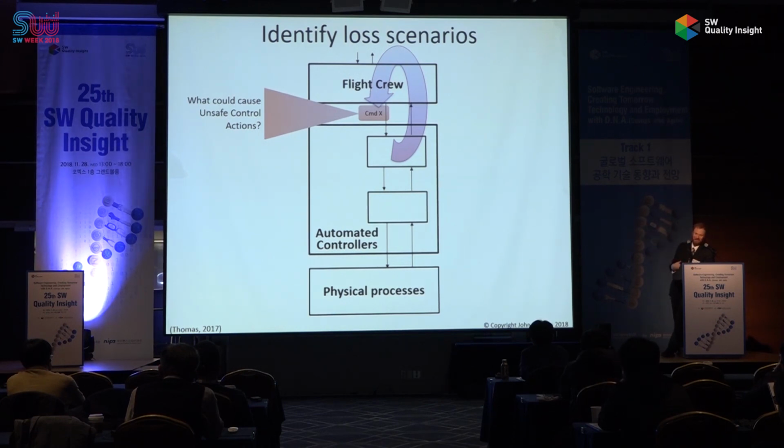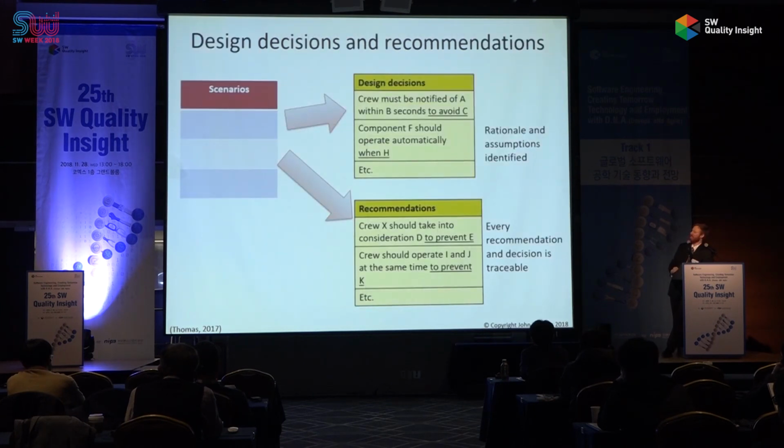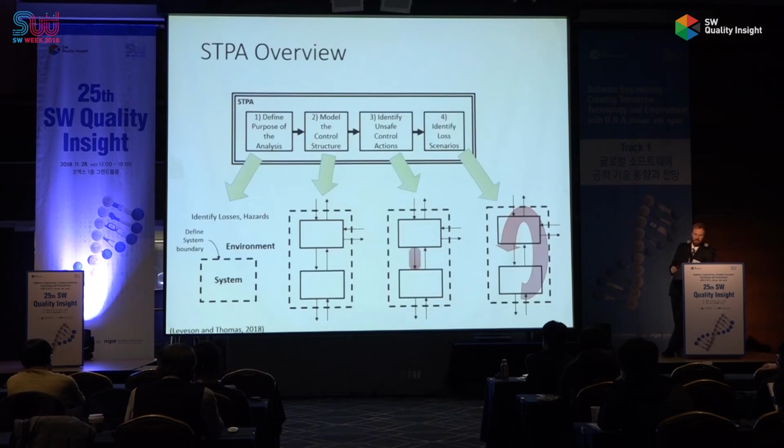We need to understand that and take responsibility for that problem in software quality, I think. We get scenarios, we get the accident before it happens, and that allows us to make sure we have a better design, make sure we have requirements and recommendations built in.